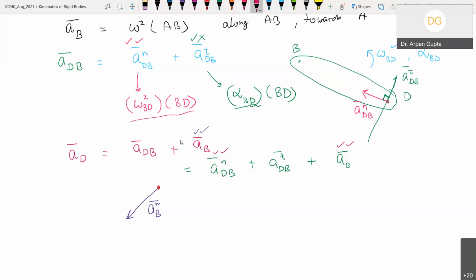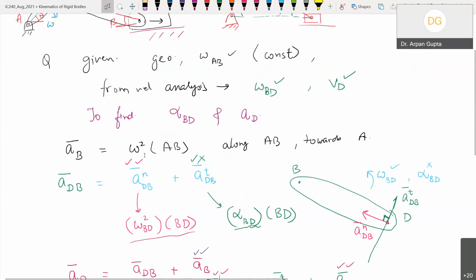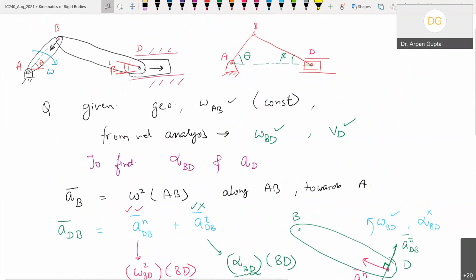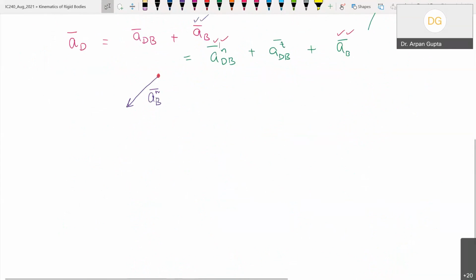I'm not taking a numerical value, but let us say it turns out to be some arbitrary number, and we draw it along this beta angle and add it on the tip of this vector.